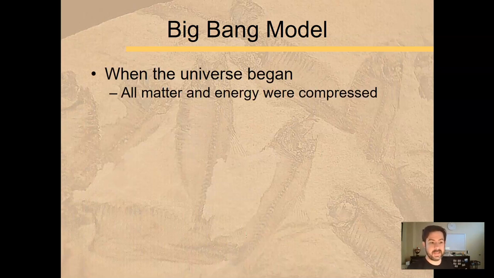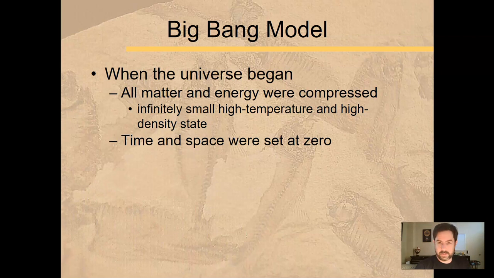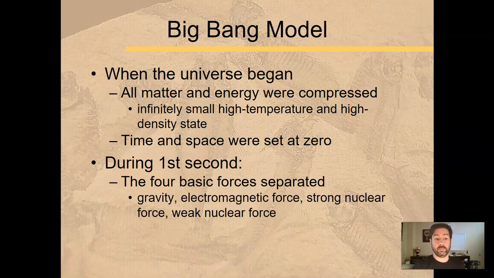When the universe began, all matter and energy was compressed in this infinitely small, high temperature, high density state. Time and space was set to 0. It gets a little complicated, just take my word for it. During the first second after the Big Bang, the 4 basic forces separated: gravity, the electromagnetic force, strong nuclear force, and weak nuclear force.